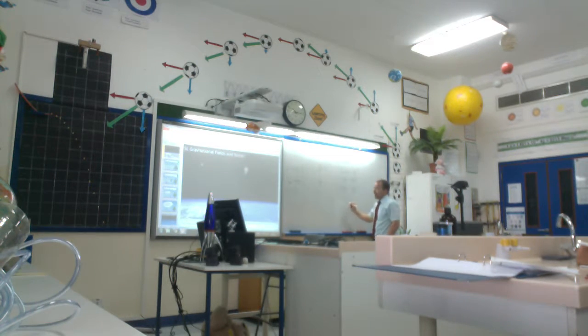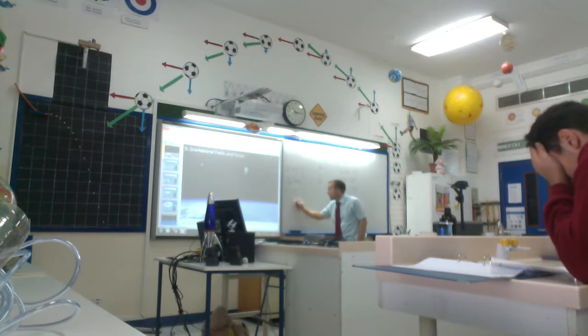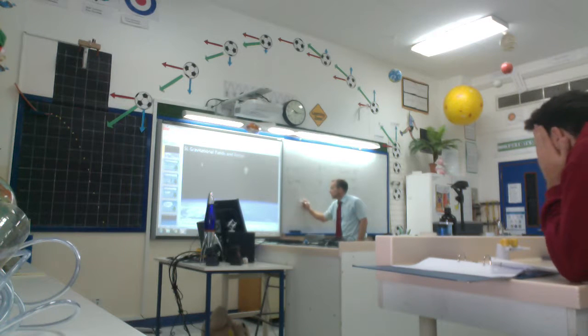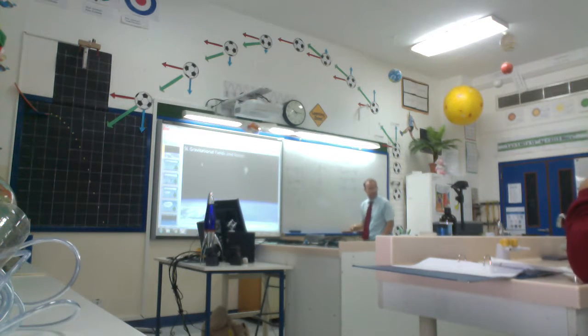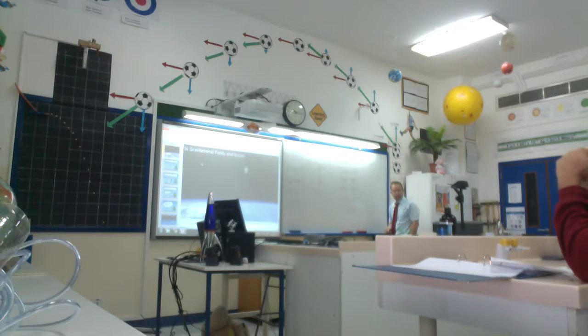Now I can make a substitution from here, because v is equal to 2 pi r divided by the period. Put that in there, we get G Ms over r is equal to 2 times 2 is 4, pi times pi is pi squared, r times r is r squared, all over T times T is T squared.